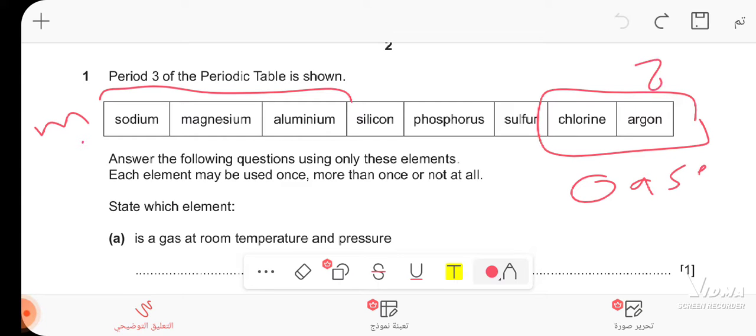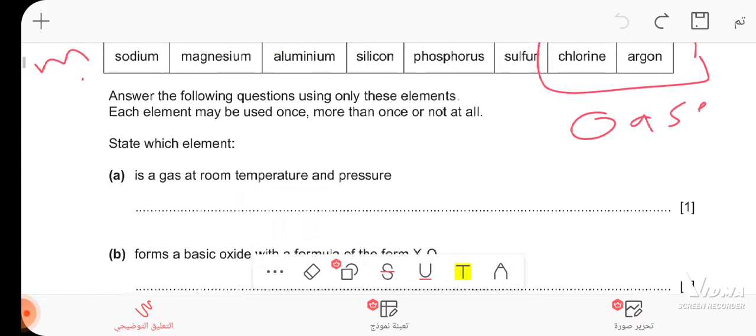Group 8, inert gas, and group 7, which is halogen. And the others are non-metal or solid non-metal. So let's move to the question.